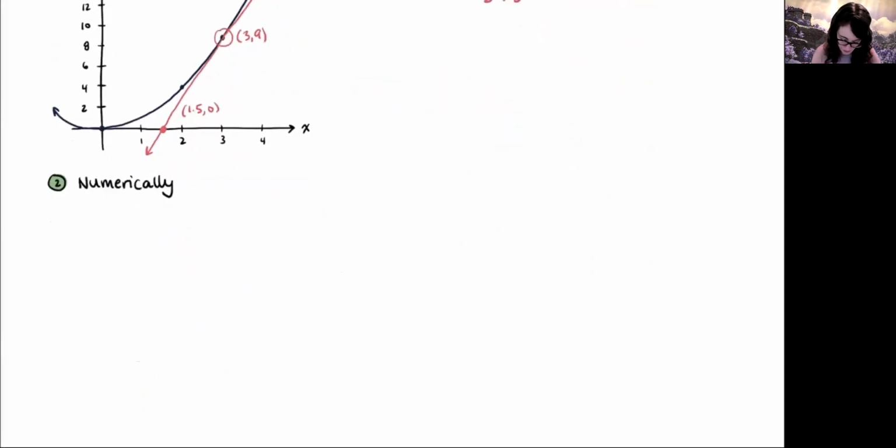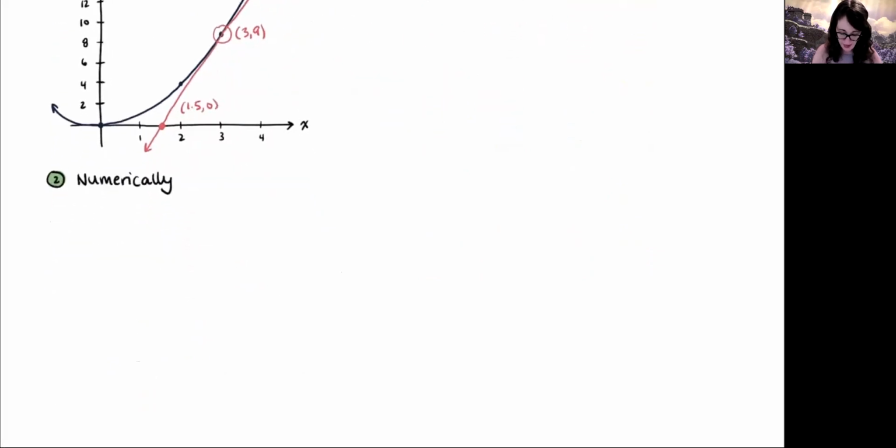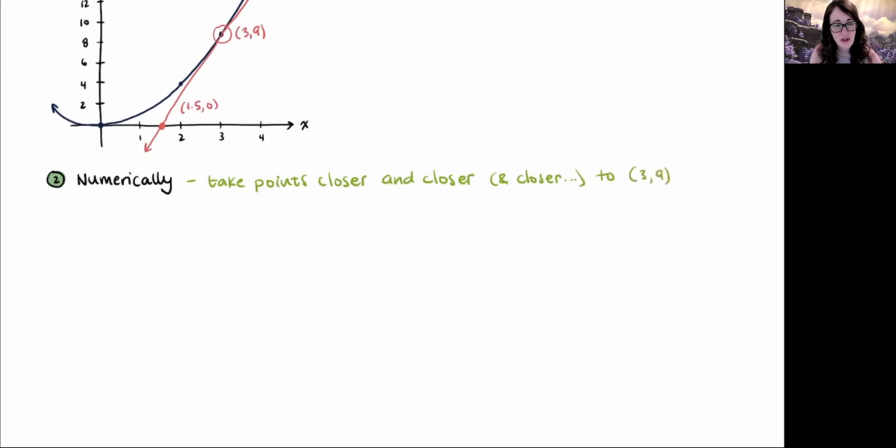The idea behind the numerical method, again, is to take points closer and closer and closer to the point that we're interested in, which is (3, 9), and then find the slope of the line that goes through those 2 points.